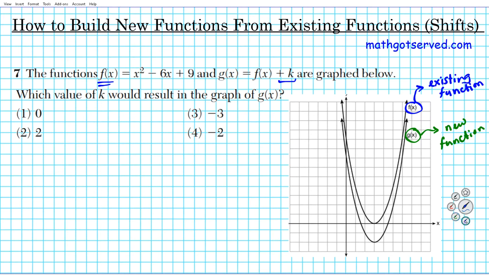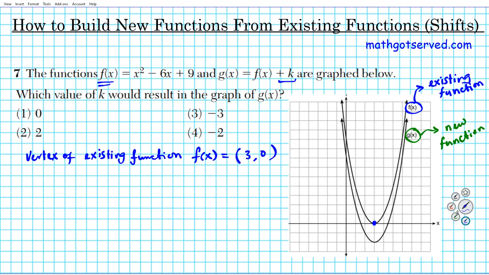All right. So the vertex of the existing function is right at this point, 0, 1, 2, 3. It's at 3, 0. So the vertex of the existing function, which is f of x, is 3, 0.